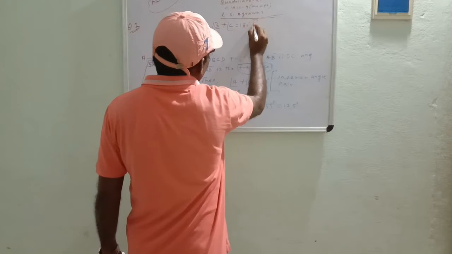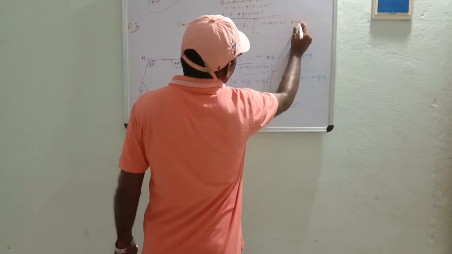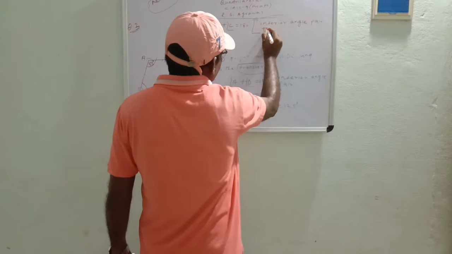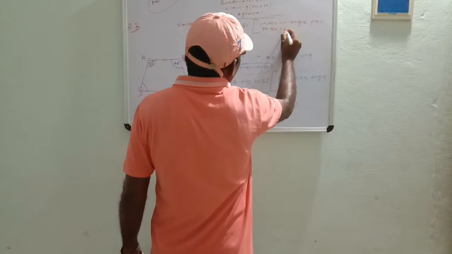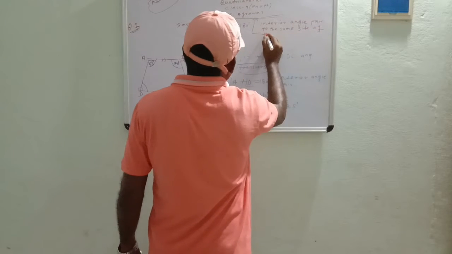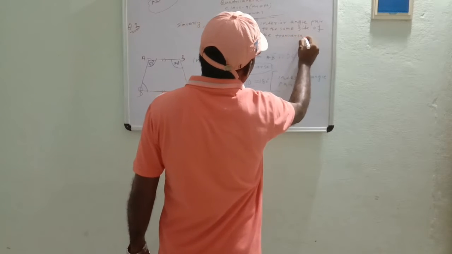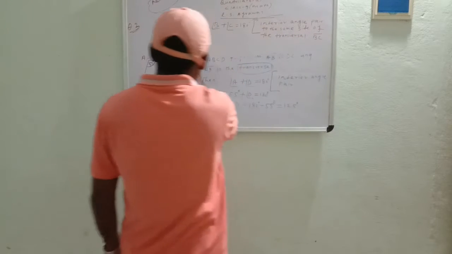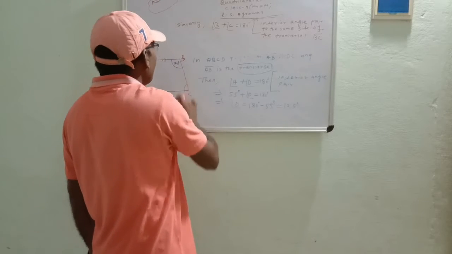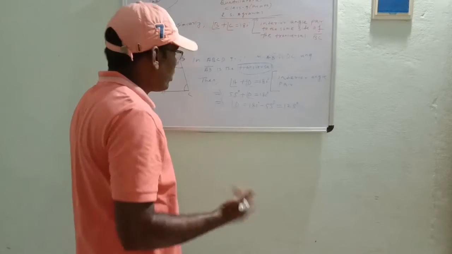The reason is interior angle pair to the same side of the transversal BC. It is also a transversal, and these two angles are interior angles on the same side of the transversal. As these two lines are parallel, therefore we can say that the sum of these two angles will be 180.